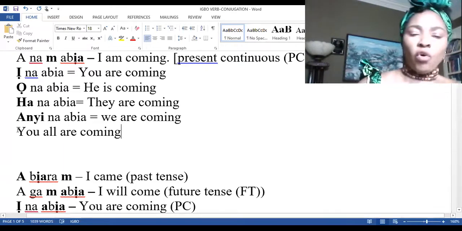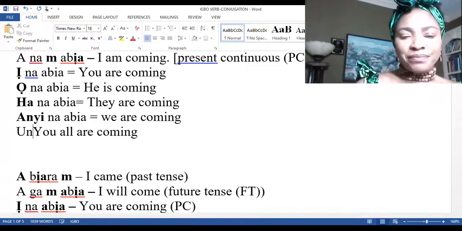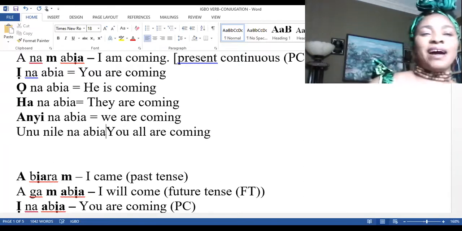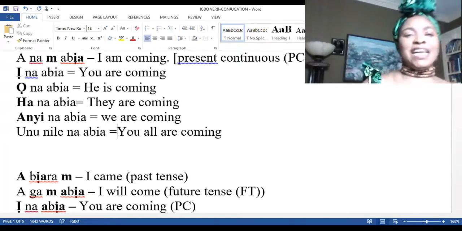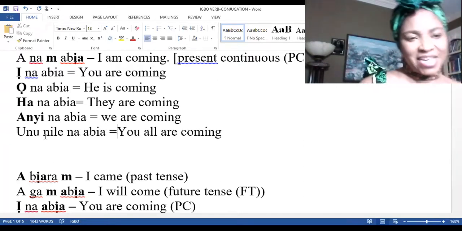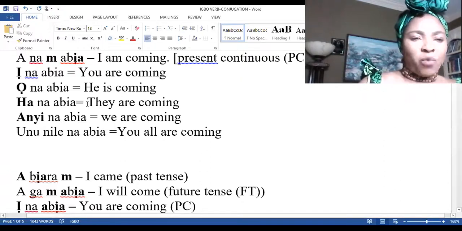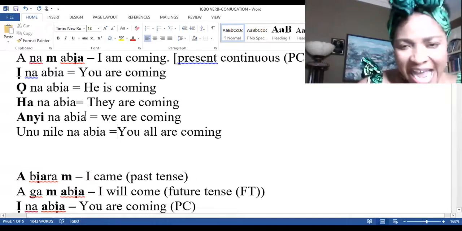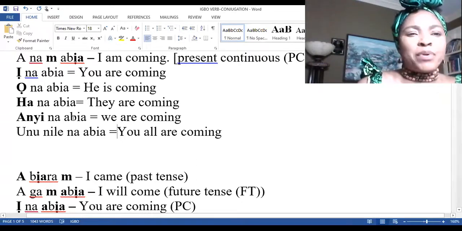It's like, unu niile na-abịa. Unu niile na-abịa means you all are coming. But the word we are trying to use here is bia, the verb root.